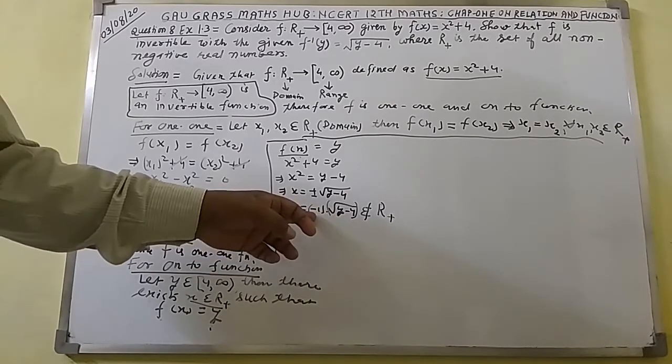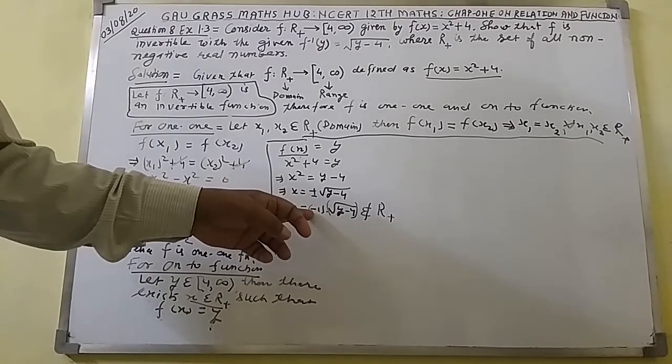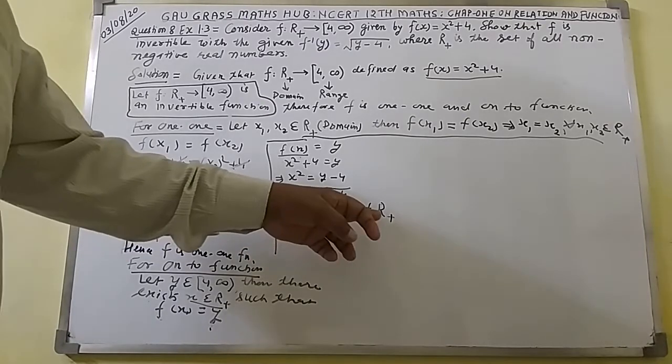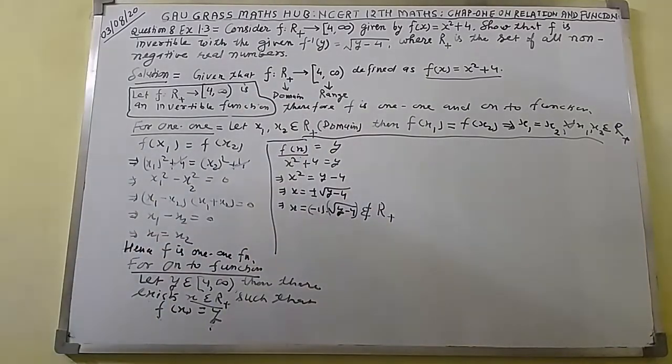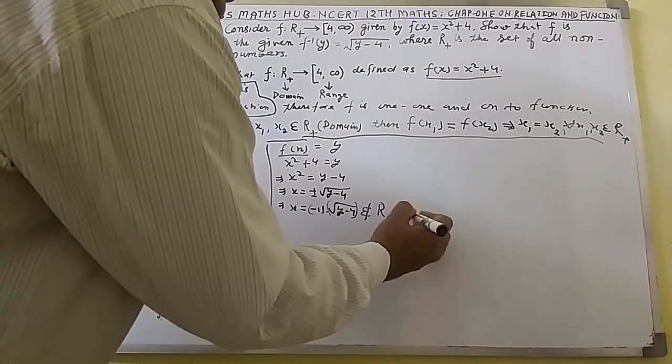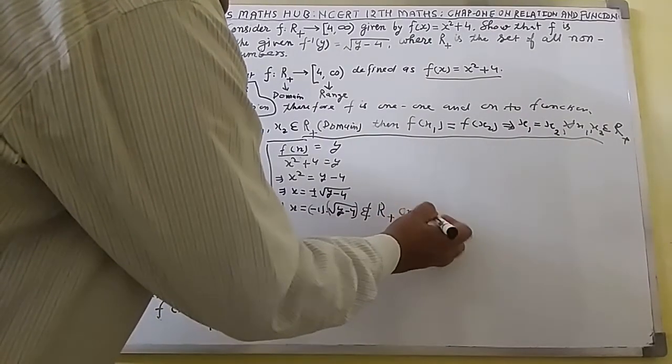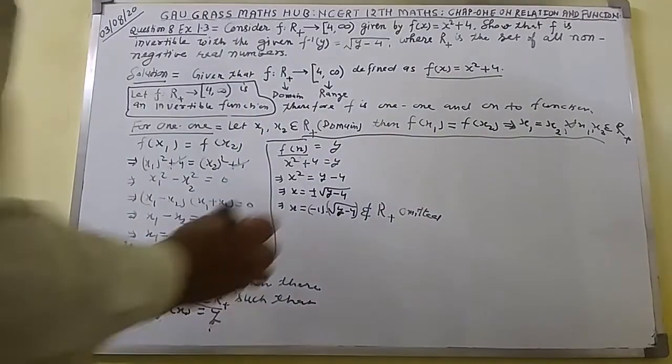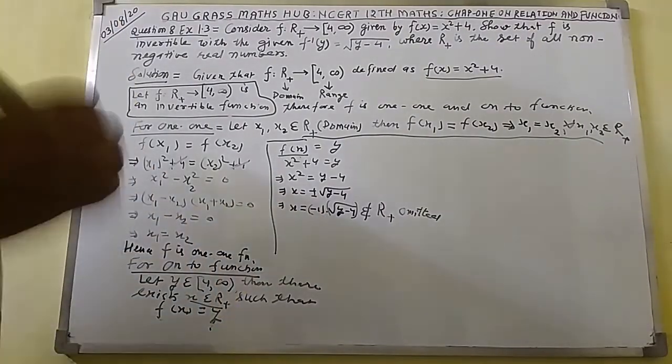The negative value of x will not belong to the set of positive real numbers. This means that it will be omitted. Now we will take only the positive value.